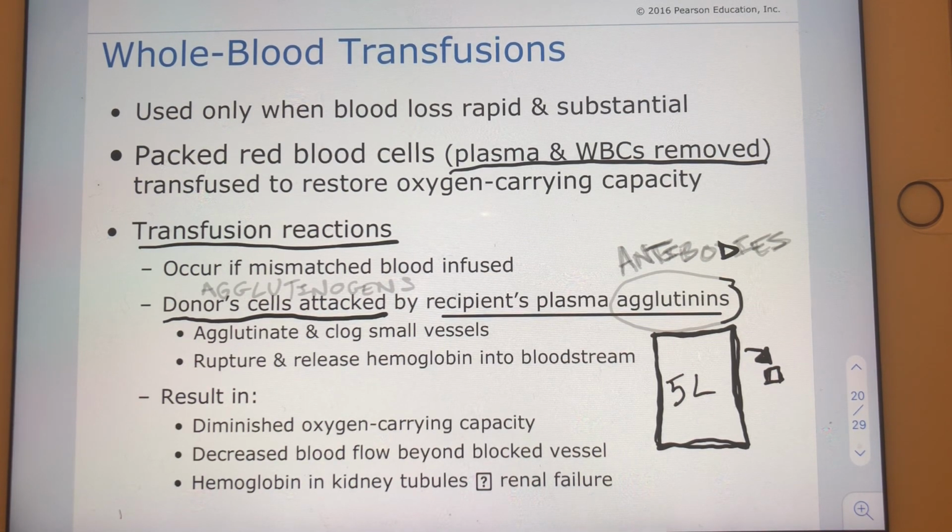Okay, and as a result, the recipient is likely to feature an even more diminished oxygen carrying capacity. Well, we're talking about a patient that was already in trouble, right? If you need a transfusion, you're already in trouble.